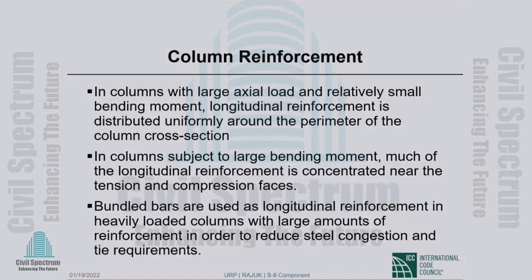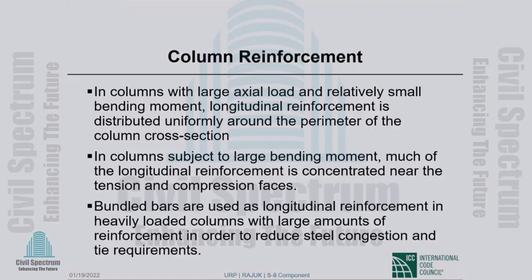Bundled bars are used as longitudinal reinforcement in heavily loaded columns with large amounts of reinforcement in order to reduce steel congestion and tie requirements. Bundled bars, three bars or more tied together, I would again say that they used to be much more common than they are today.